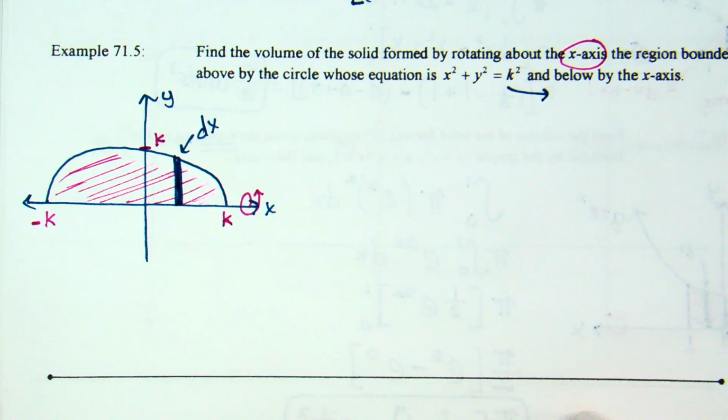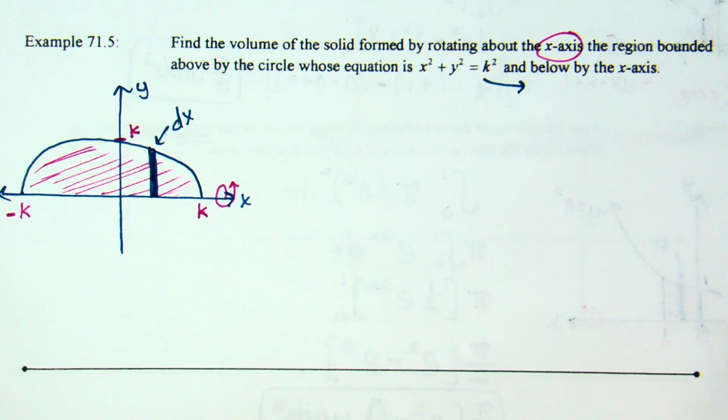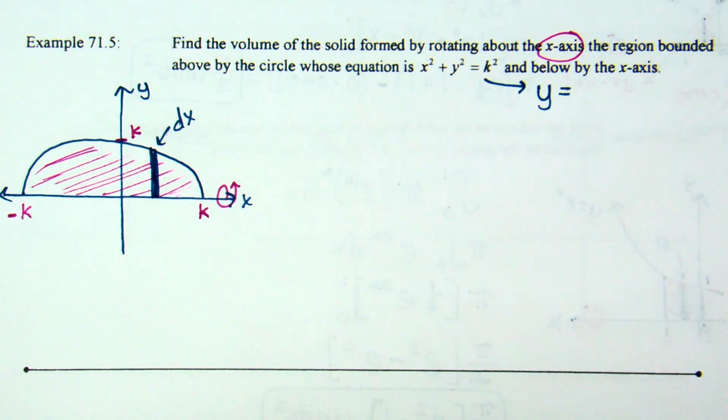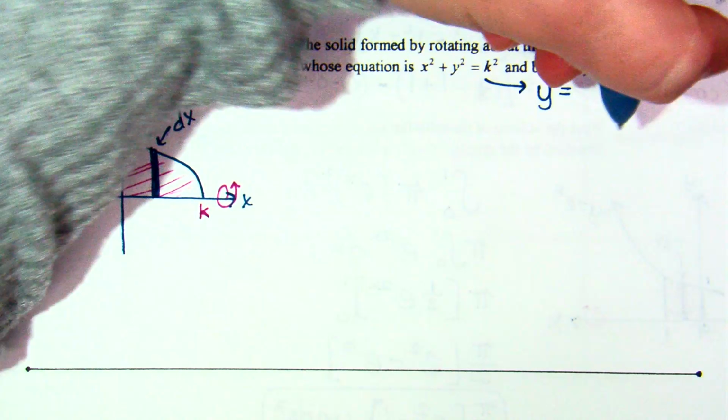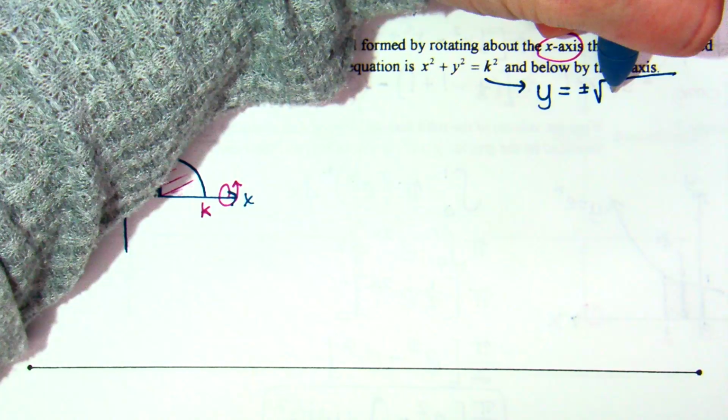We're going to solve it because I want to show you that's what it equals. Because we're going to be in terms of x, we want this to be solved in terms of x. So, officially it's y equals plus or minus the square root of k squared minus x squared. But again, we're only going to need the positive half, correct?